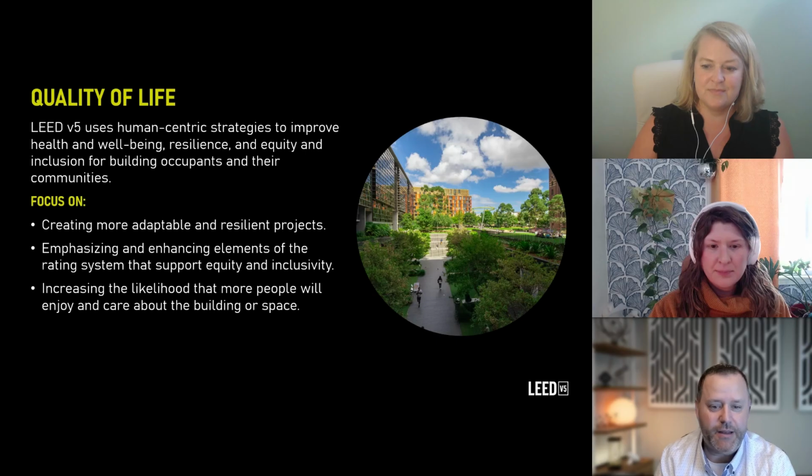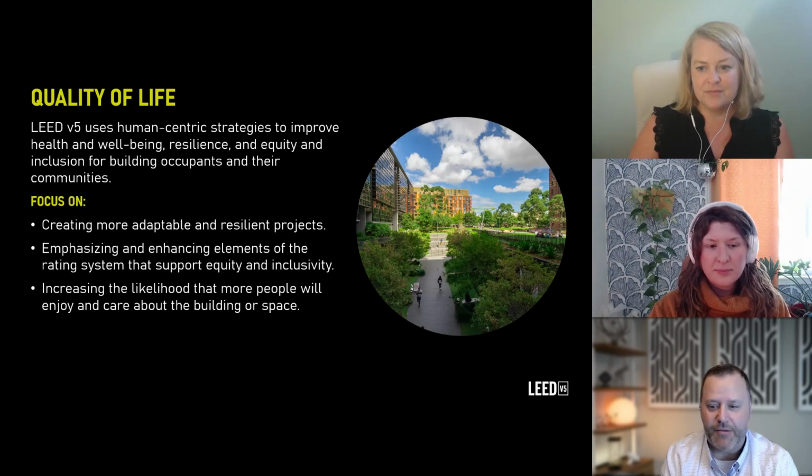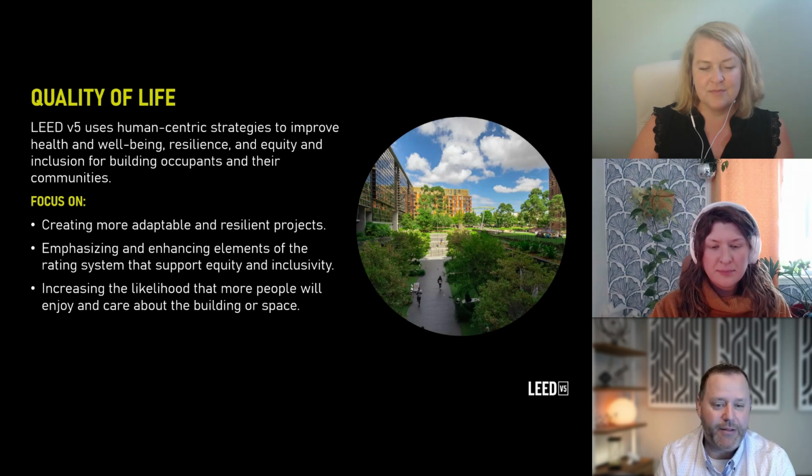There's also a new prerequisite on looking at human impact assessment. So what are the equity and inclusivity aspects of the building and the neighborhood fabric where it's being built, for example? There's some considerations for all project teams to look at when thinking about that in the building. And yeah, it's all about enjoying and caring about the building and space more, because we know that a well-loved building is one that will last longer and be maintained the best. And that's what we're trying to strive for here.